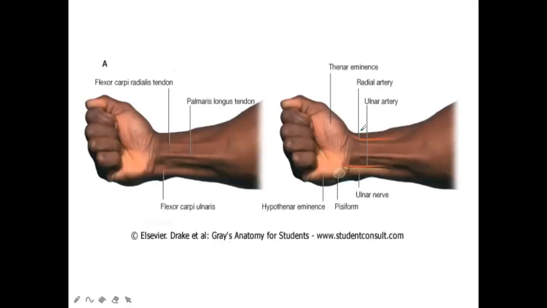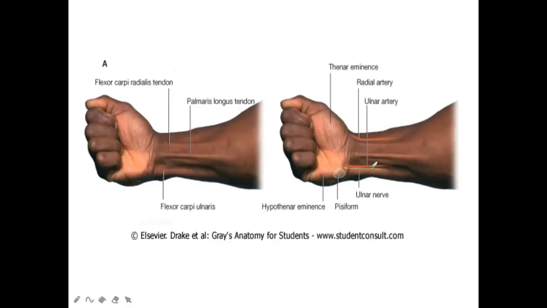One of the things I want you to understand is the relations of the nerves going to the hand, as well as the blood vessels. Looking at this, I'm interested in the ulnar artery and nerve, and the radial artery and nerve. I want you to understand that the two arteries are enclosed by the nerves.